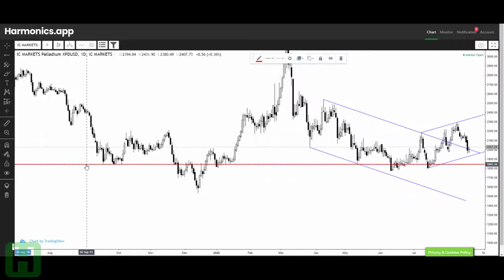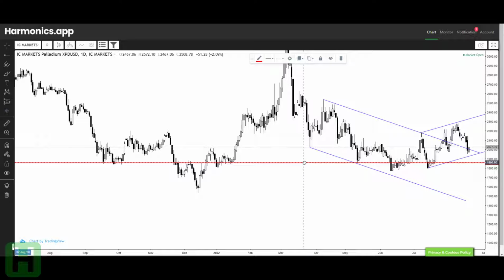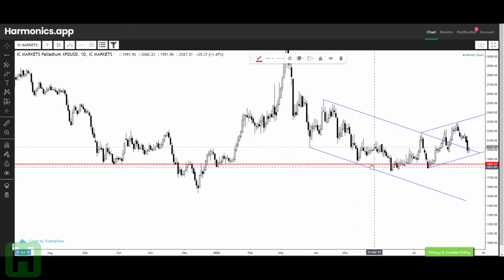But in the future, if I see the price is bouncing most of the time around another level, I will change this support level.